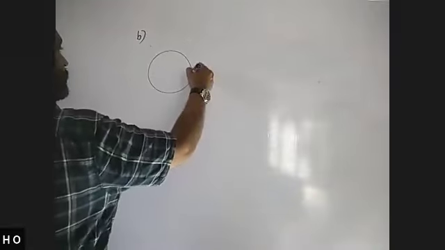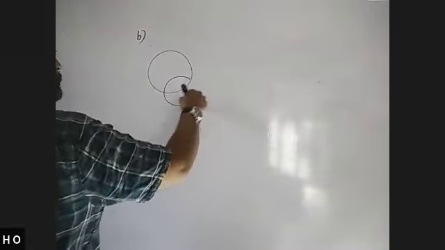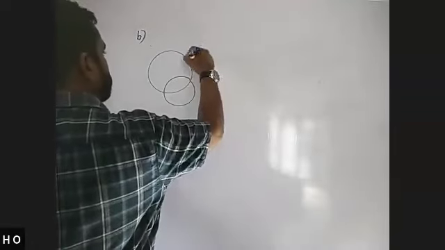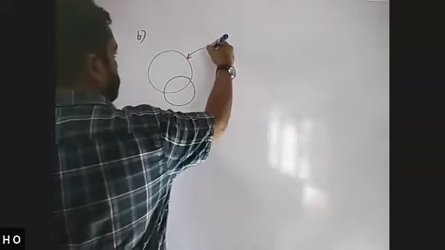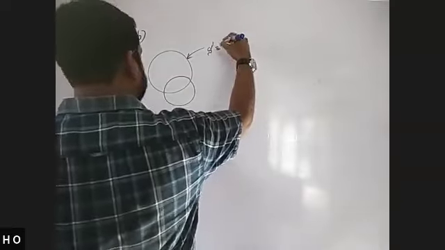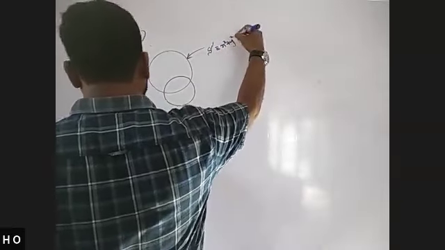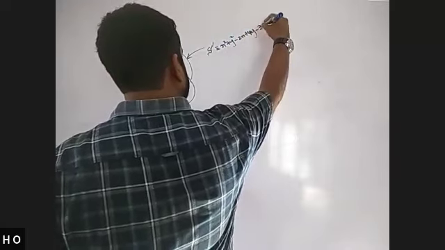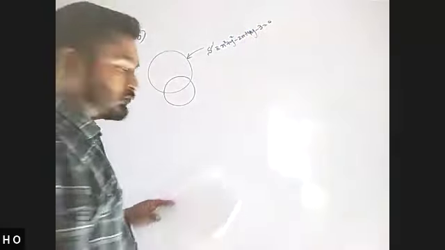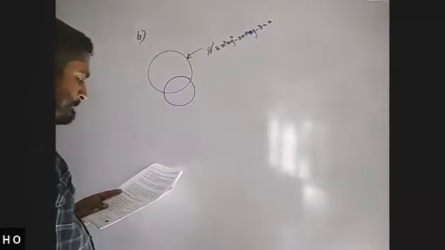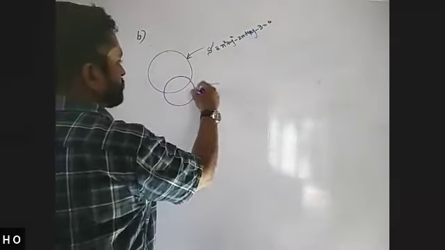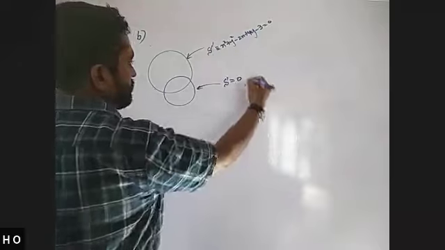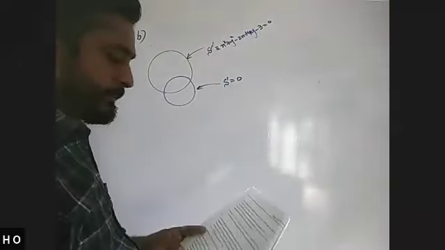So it is about that bisection. This is S dash equals 0, where S dash is x squared plus y squared minus 2x plus 4y minus 3 equals 0, bisecting the circle S equals 0.